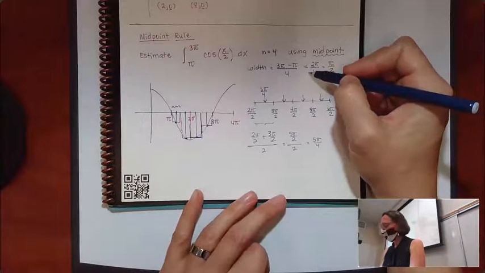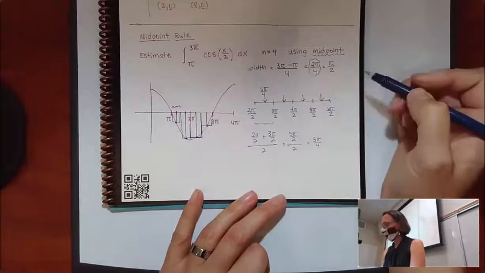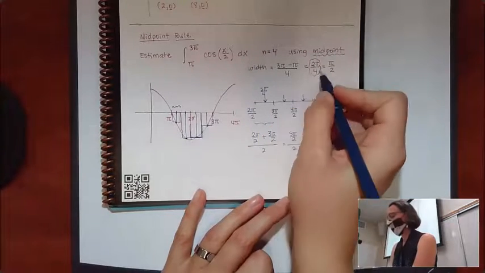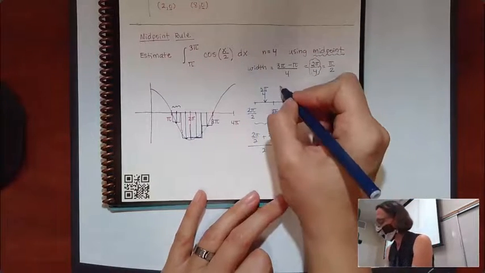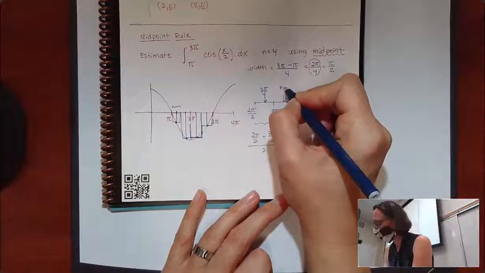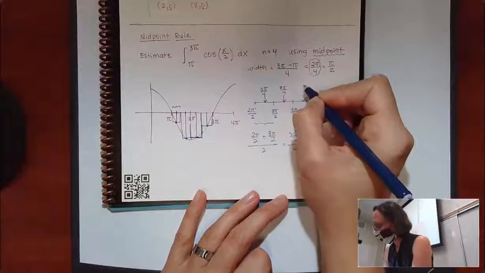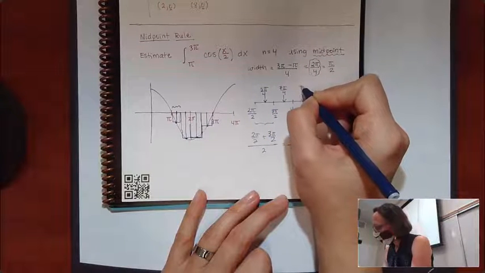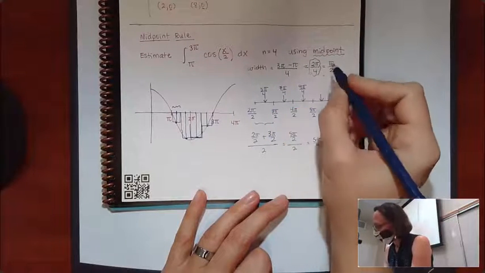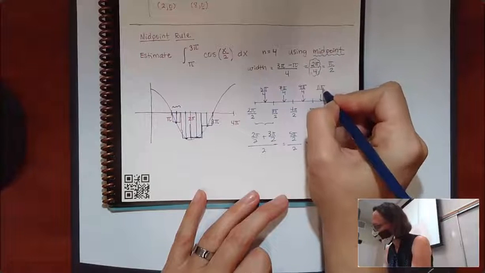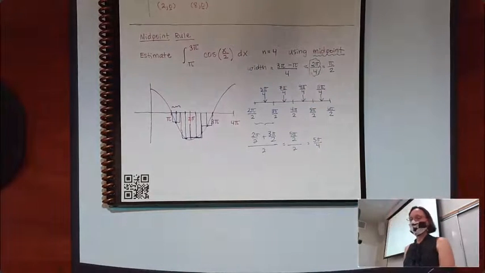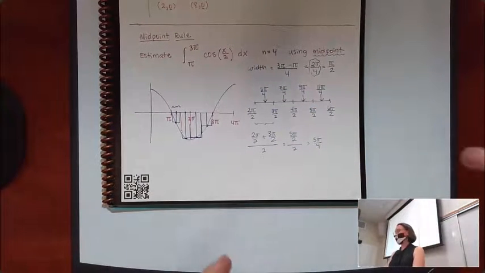Pi over 2 came from 2 pi over 4, so I can increment over by 2 pi over 4. So I would have 7 pi over 4, and then 9 pi over 4, and then 11 pi over 4. And that is the grossest part of any midpoint problem, figuring out what the x values to plug in are.